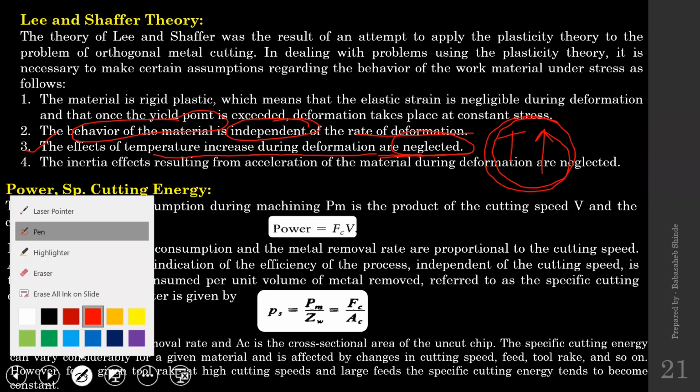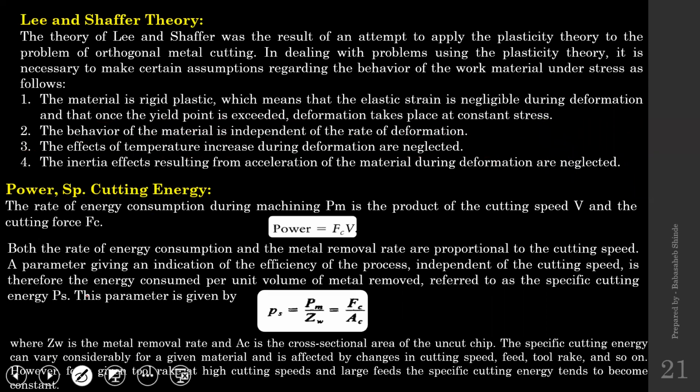And fourth one, the inertia effect. What is this inertia effect? We know that while removing the material, the cutting tool forms the chips and then chips flow along the cutting tool rake face. Now when those chips form and move in this direction, the chips might have some inertia force associated with it.